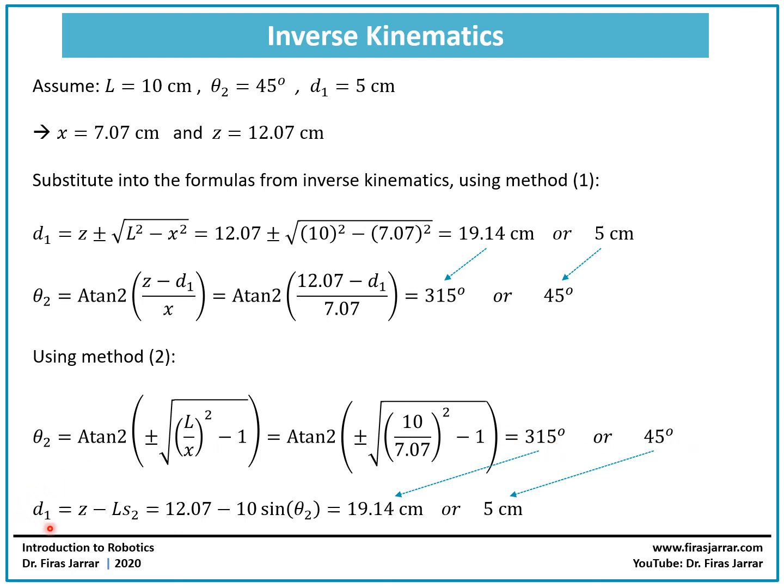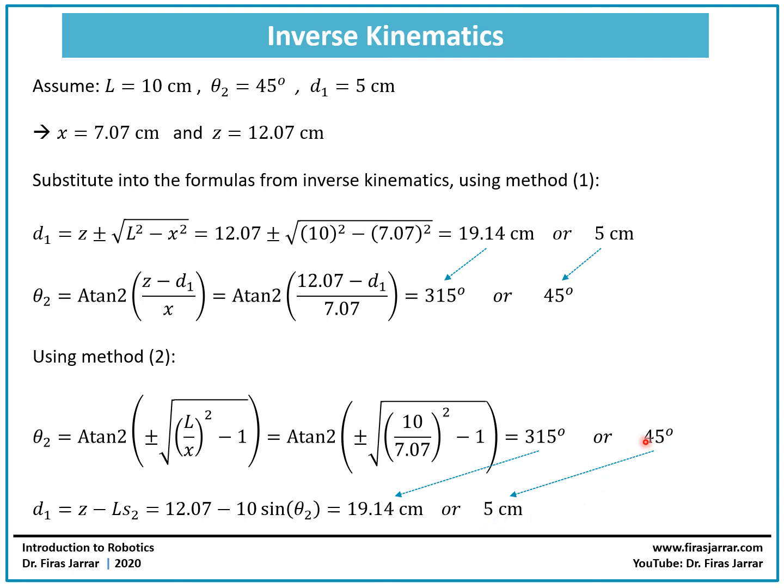Now D1 is equal to Z minus L sine theta 2, Z being 12.07, L is 10 centimeters, and sine theta 2 is the sine of either 315 or 45. So if you substitute 315 here for theta 2, this will give you 19.14 centimeters. If you substitute 45 degrees, this is going to give me 5 centimeters.